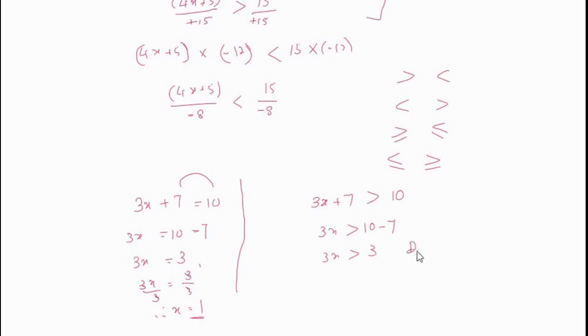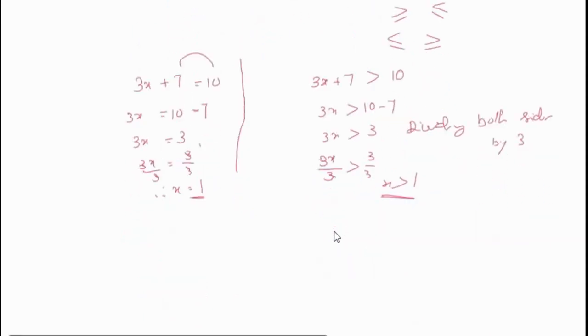Dividing both sides by 3, 3x divided by 3 greater than 3 divided by 3, 3 cancels, x greater than 1. This is the solution. You find there is no difference between solving a linear equation and a linear inequation here. So where is the difference? The difference is when you multiply or divide by a negative number. Let us take one more example.